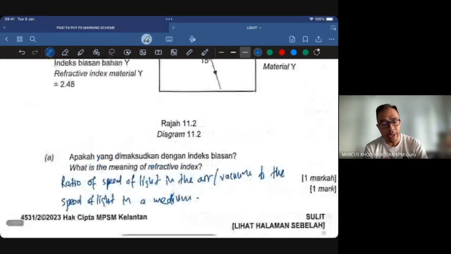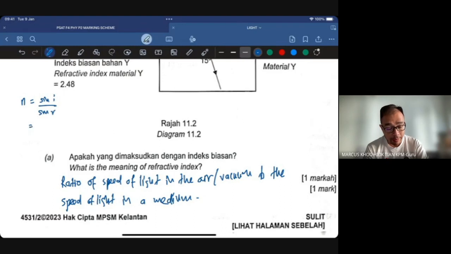As a side note, remember that there are formulas for refractive index. Number one, the standard one is sine i over sine r. The second one is the speed of light in the air over the speed of light in the material, in the medium.